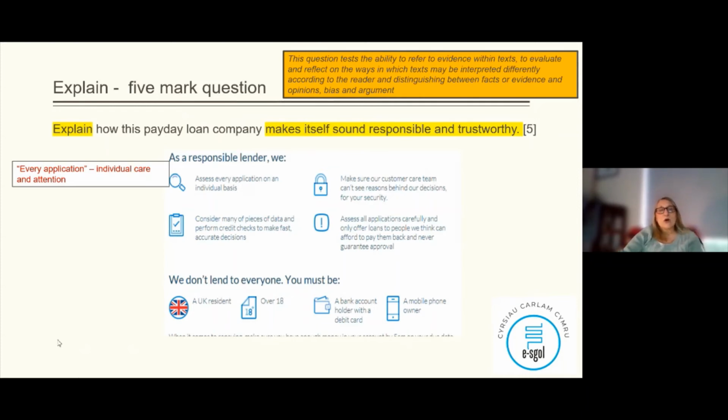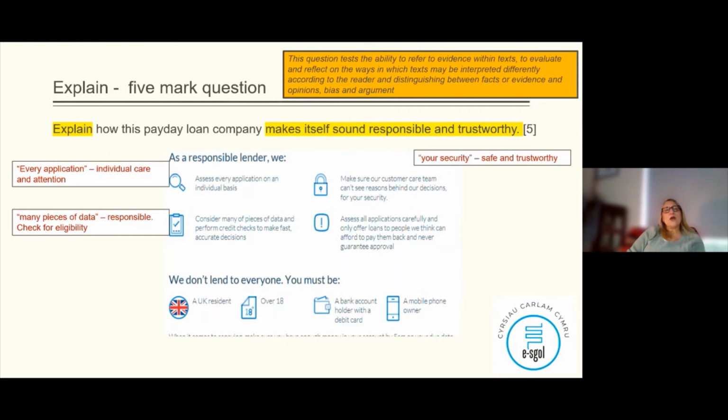Okay, the next one I've highlighted there is your security. So the phrase your security makes them sound safe and trustworthy. So as a reader, when we're reading that, it makes them sound like, oh, they would be a secure company to go to because they're looking after my security as a lender.